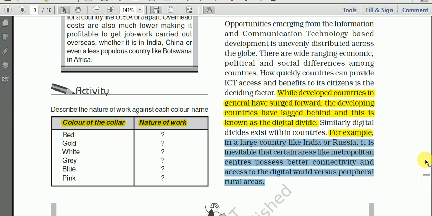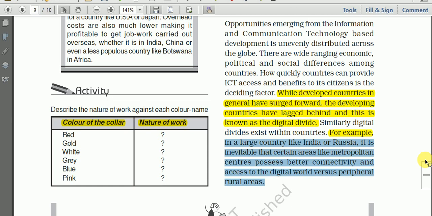That means big cities have better connectivity to the digital world, to the internet, whereas rural areas have restricted or sometimes no accessibility to this digital world.